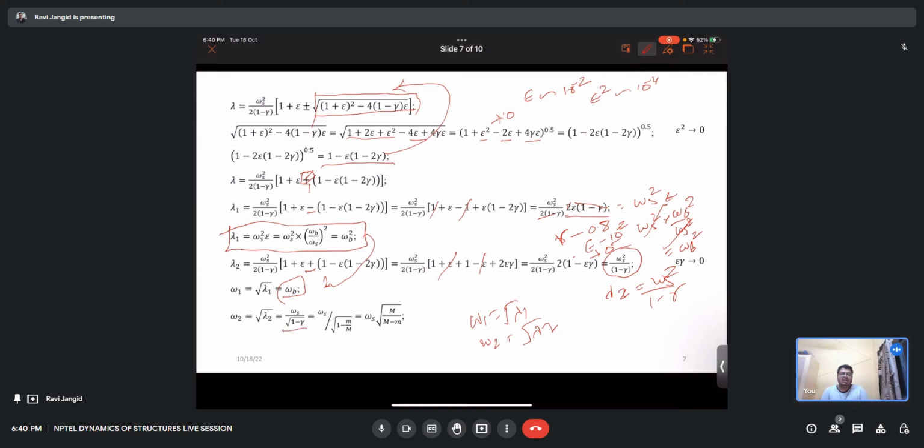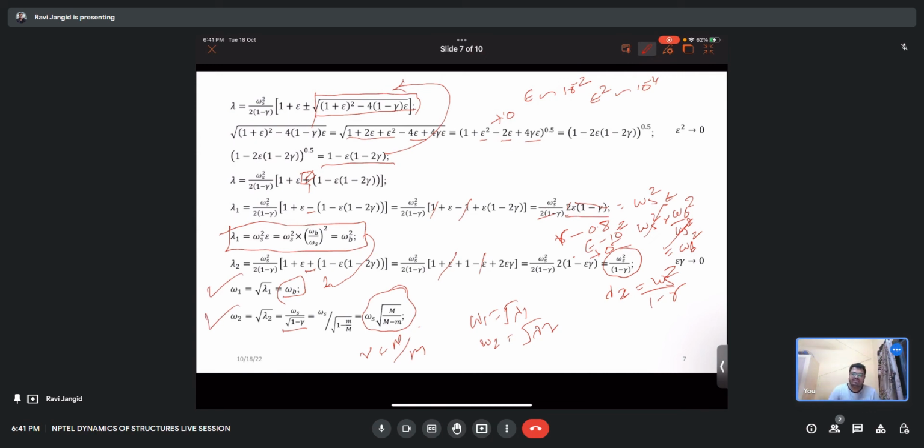If I write the value of γ, that is γ = m, the mass of the superstructure, divided by capital M. If I rearrange these terms, I get ωs times the square root of M divided by (M − m). So these are my modal frequencies, ω1 and ω2.